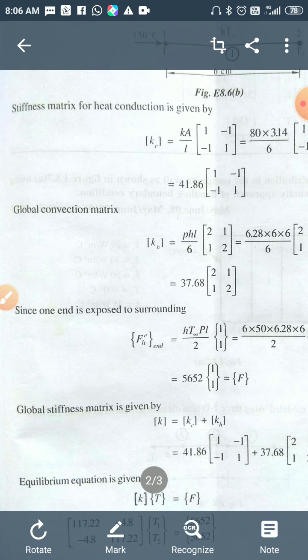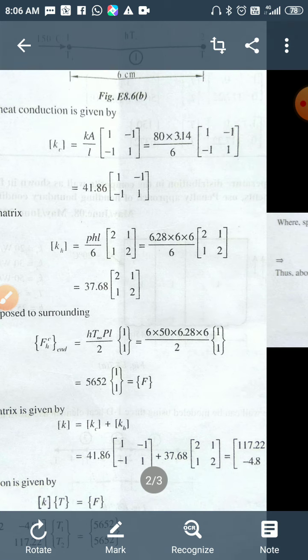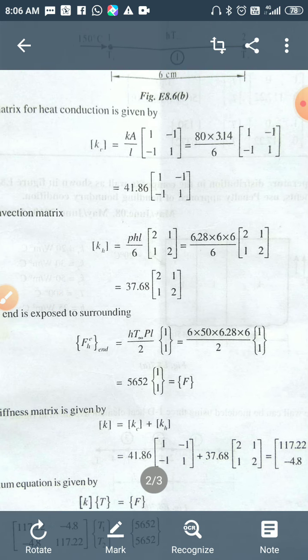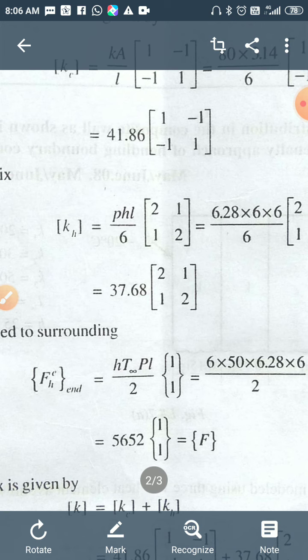Similarly we are going to obtain the global convection matrix. The standard formula is Kh is equal to P h L divided by 6 into the matrix 2 1, 1 2. This is the standard matrix to determine the convection stiffness matrix for extended fins.